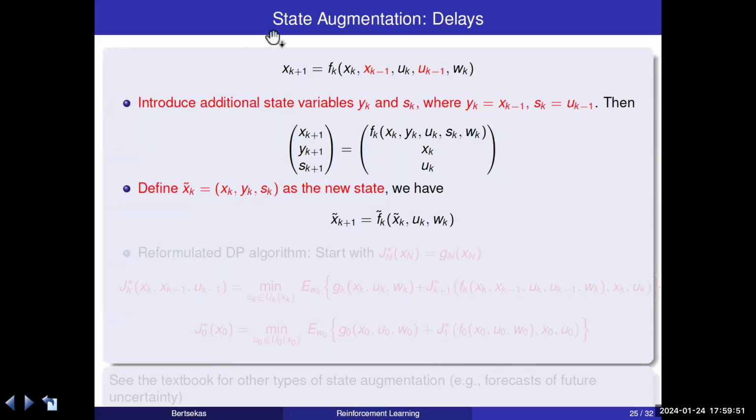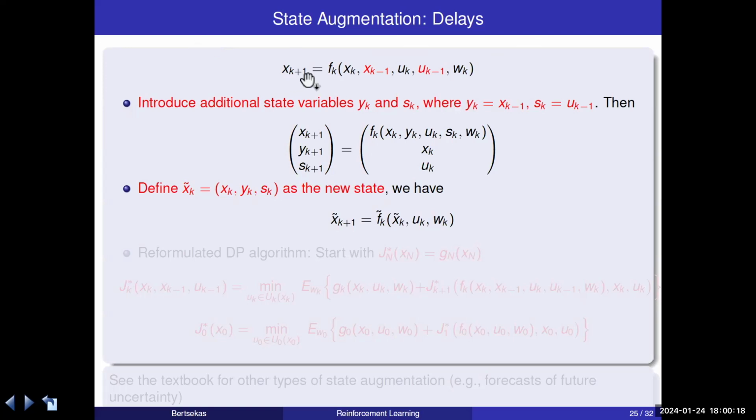Okay, there's a general technique called state augmentation, which I'm going to illustrate by example. It is helpful in taking a problem that's not exactly in the form that you can use to apply dynamic programming, but it reformulates it to one where you can write a dynamic programming algorithm. And here's an example where the system equation involves delays.